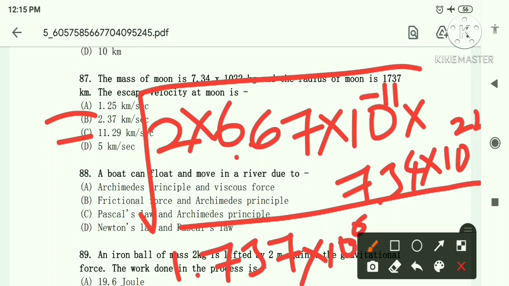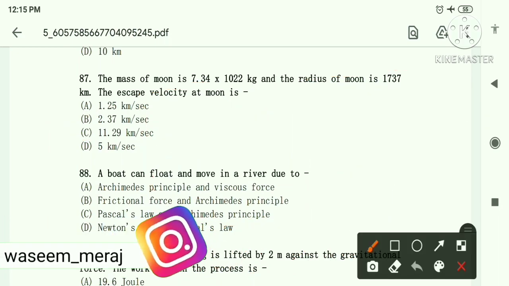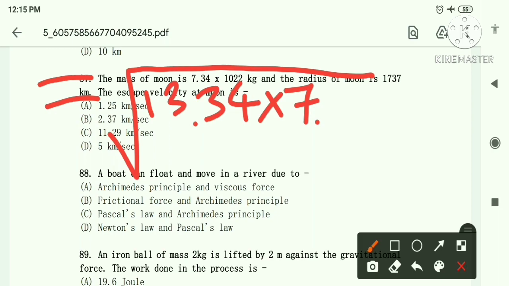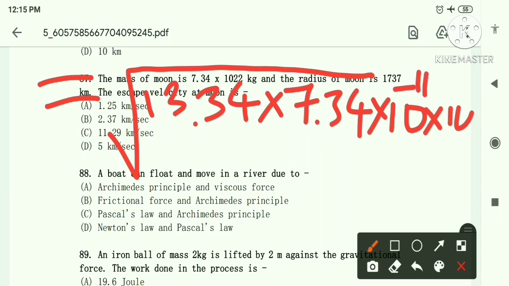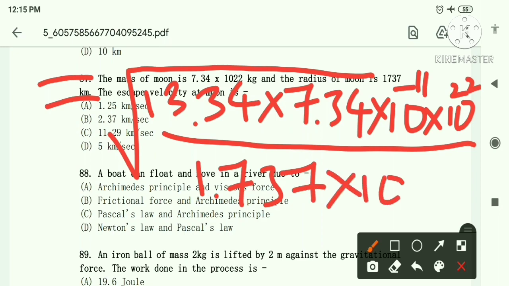Now simplification of this. It will become equal to root of 2 into 6.67, which becomes 13.34, into 7.34 into 10 raised to minus 11 into 10 raised to 22, divided by 1.737 into 10 raised to 6.